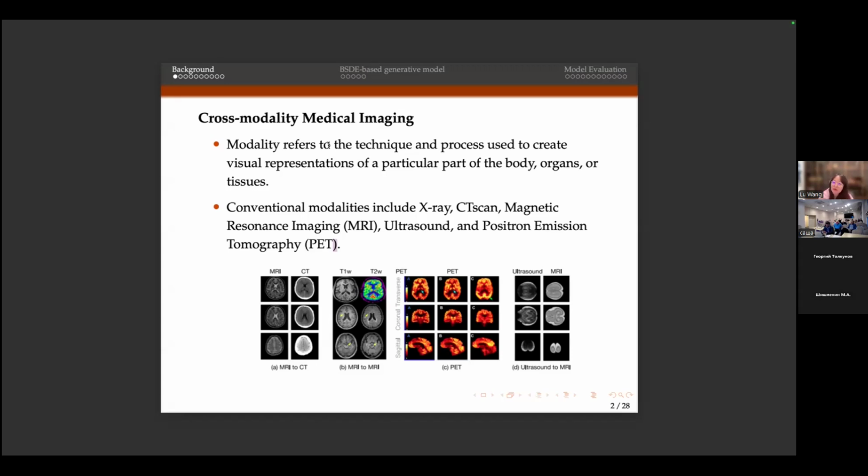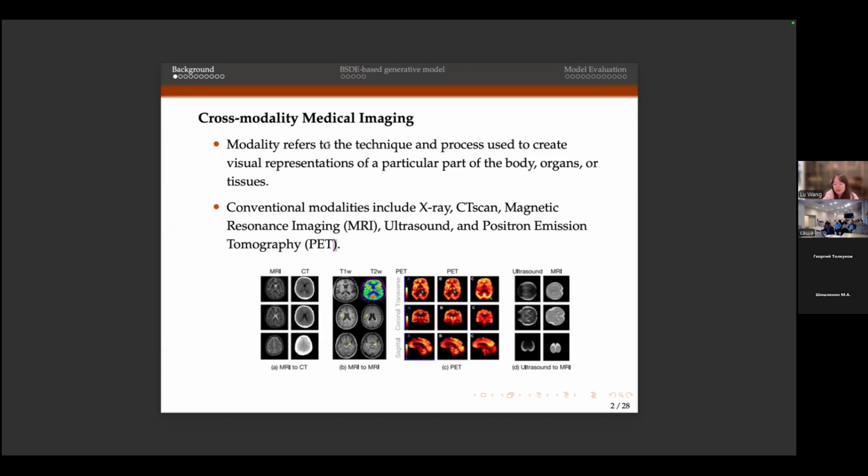Some of the most common modalities include X-ray, CT, MRI, ultrasound, and PET scans. Each of these has its advantages, and is used for different medical applications. For instance, MRI provides excellent soft tissue contrast, while CT scans are preferred for bone imaging.